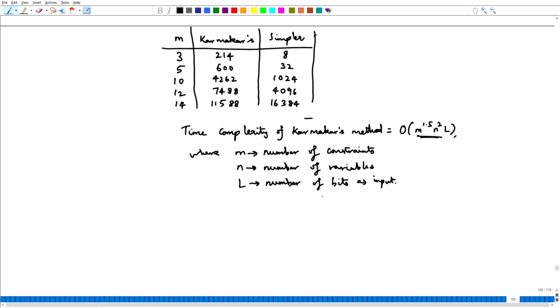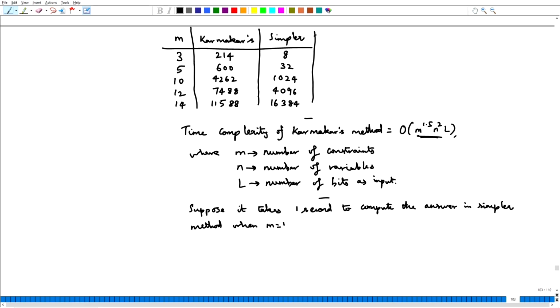Suppose it takes 1 second to compute the answer in the simplex method when m equals 14.